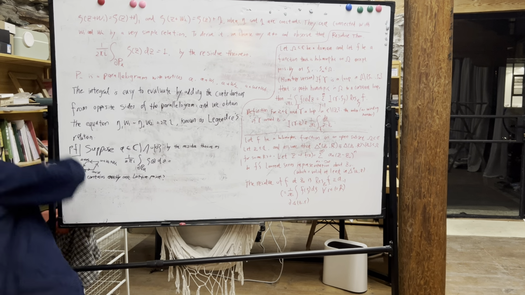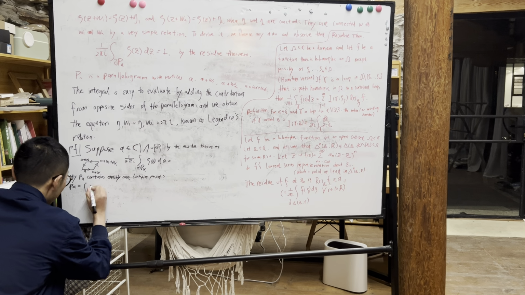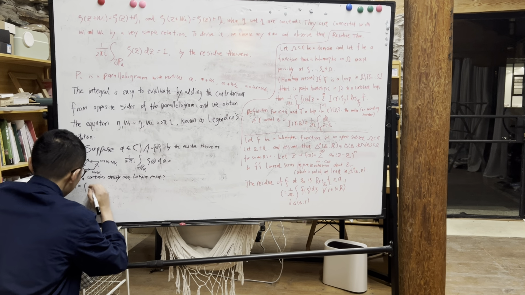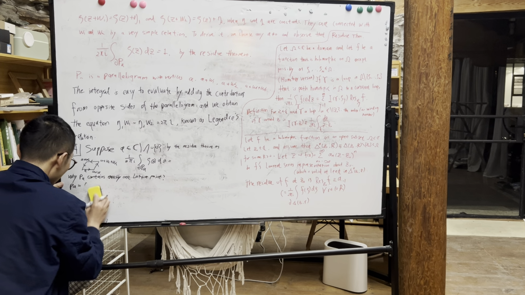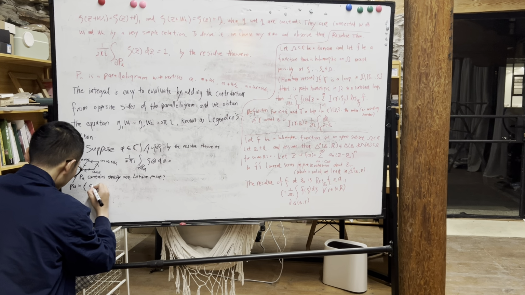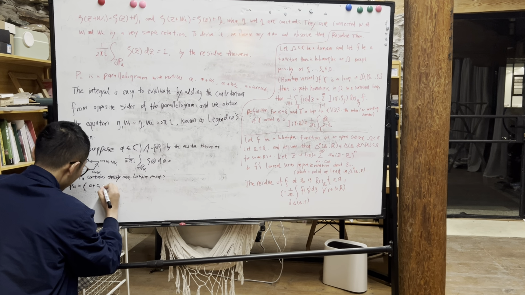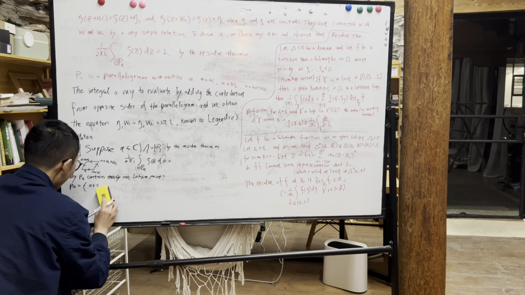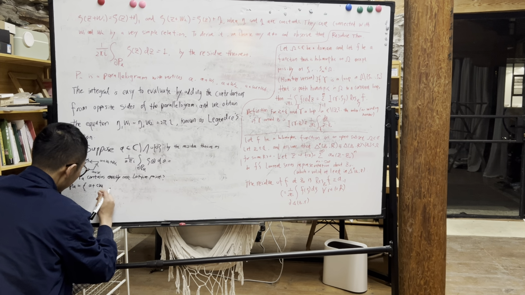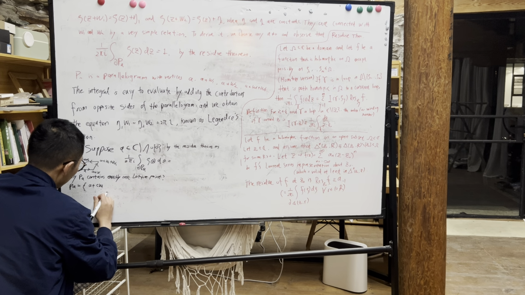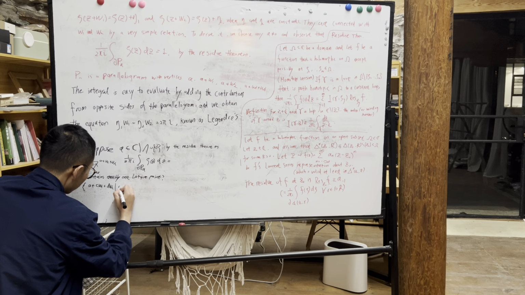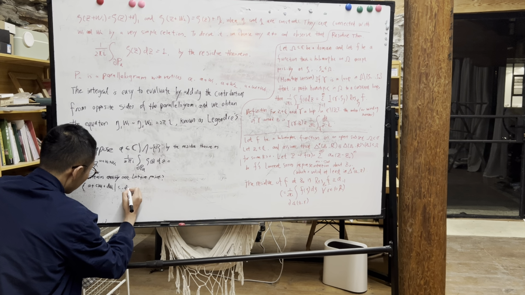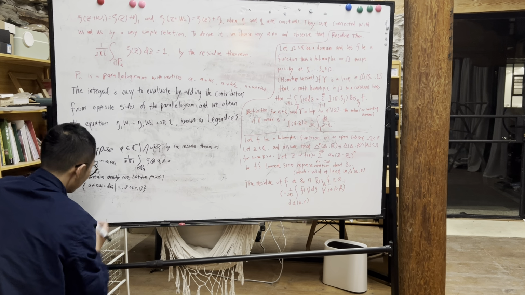P_A is equal to, start with the point A, so A plus c omega 1 plus d omega 2, where c and d are in the closed interval 0 to 1.